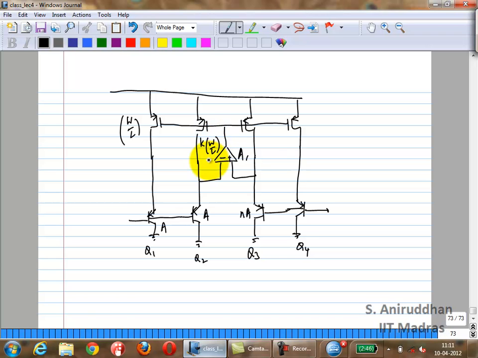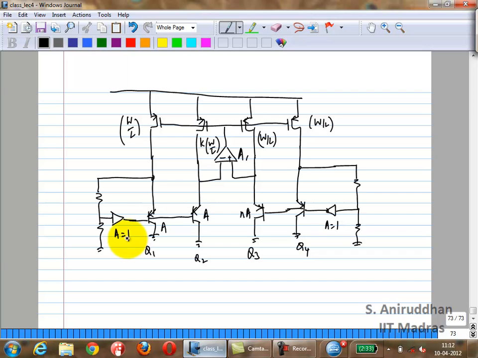I'll call this K times W over L. In this particular case, these are all W over L. And then we are going to add the voltage divider here. These are buffers, to make sure your PNPs, which can have very low betas, don't load your voltage divider, correct?